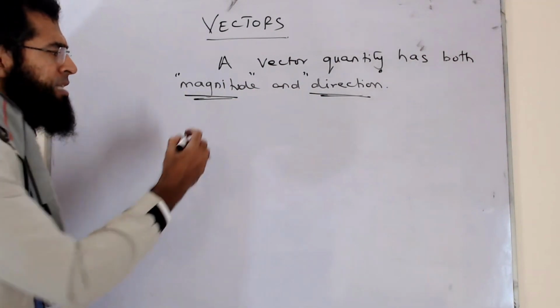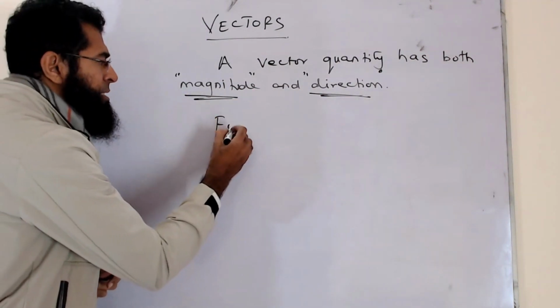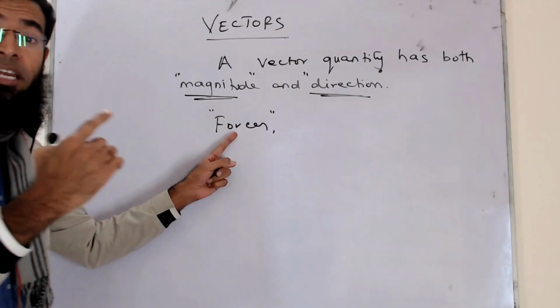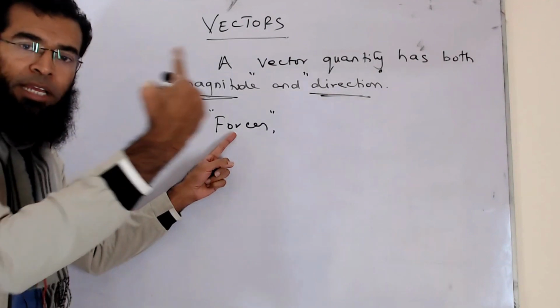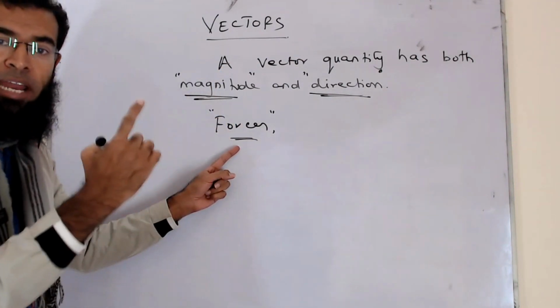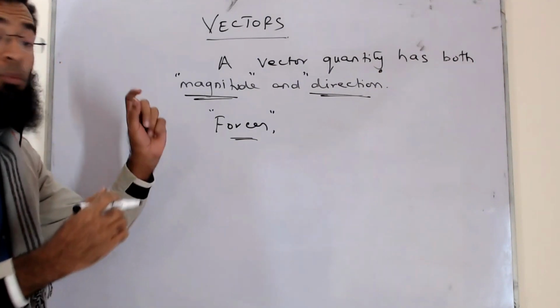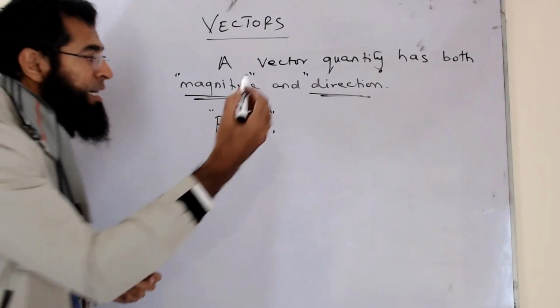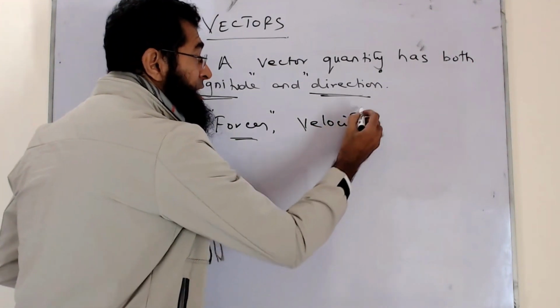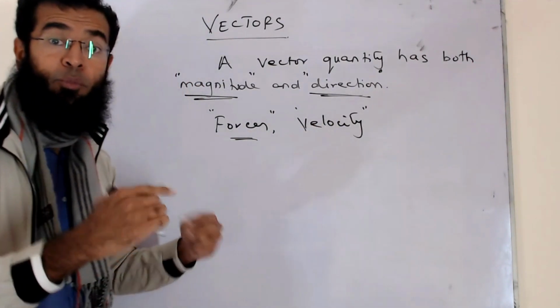So problems involving forces, we'll be resolving forces in A levels. Inshallah, we'll be looking in depth at how to resolve forces and how directions are important. So problems involving forces and velocities. We know velocity is a vector quantity. Why?